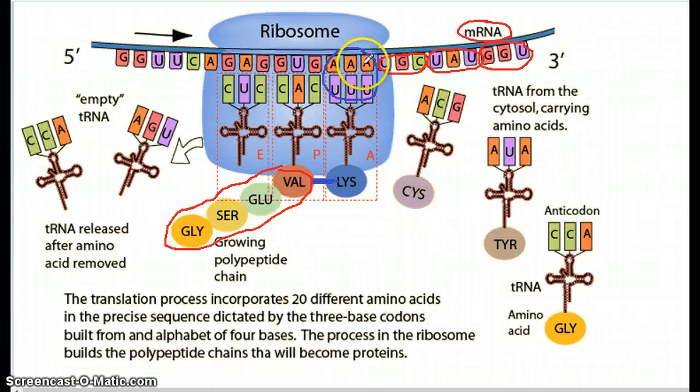When the anticodon locks onto the codon, the corresponding amino acid will connect to the other amino acids that have been previously read, and these amino acids will join together through peptide bonds, creating a polypeptide chain, or our protein, the protein that was coded because of the mRNA. And that's basically the process of translation.